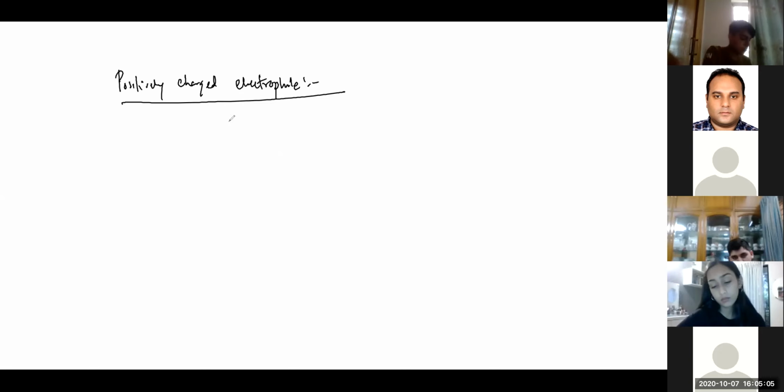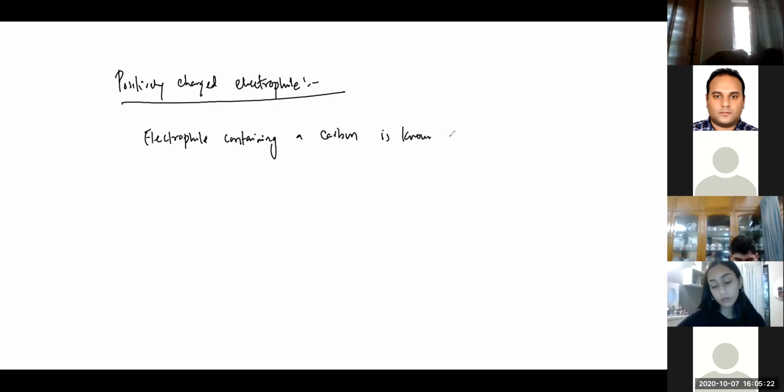So an electrophile containing a carbon is known as a carbocation, or carbonium ion.